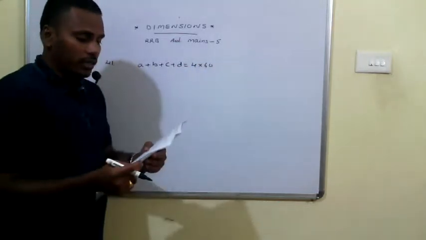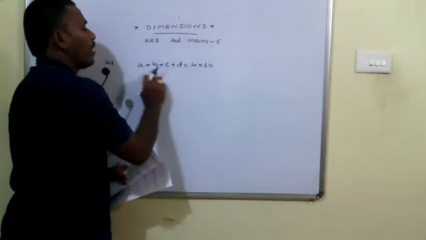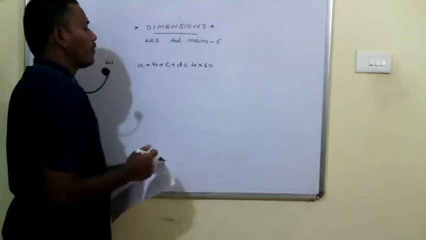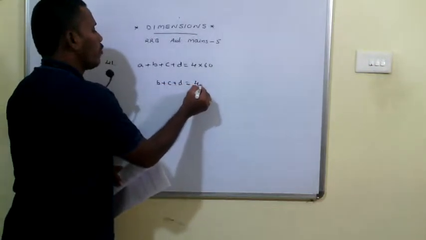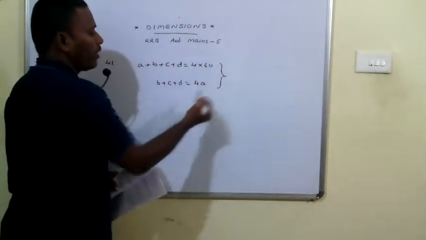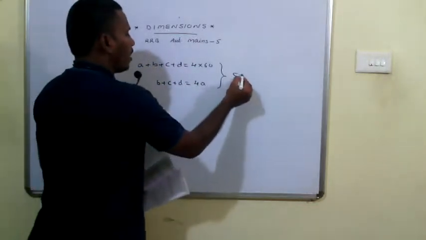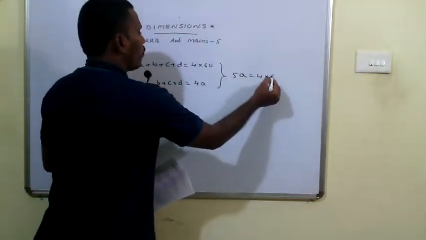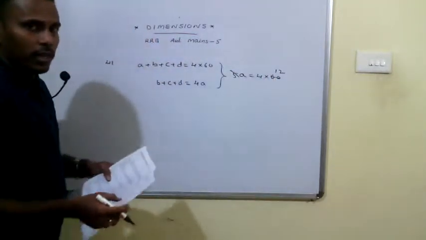And they also mentioned that 1/4 of the sum of the last 3 is equal to the first one. That means B plus C plus D is equal to 4A. If you combine these two, replacing B plus C plus D with 4A, you have 5A is equal to 4 into 60. 5 12s, 12 4s is 48. That was the first term.